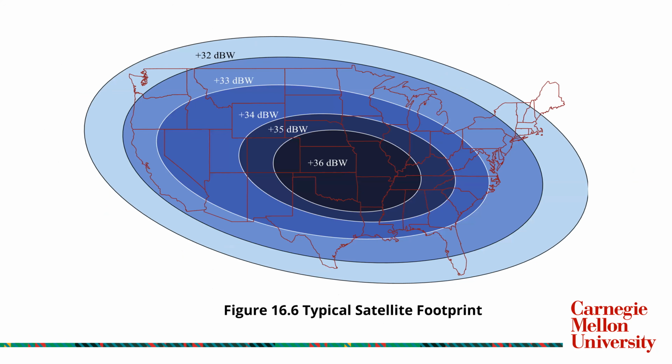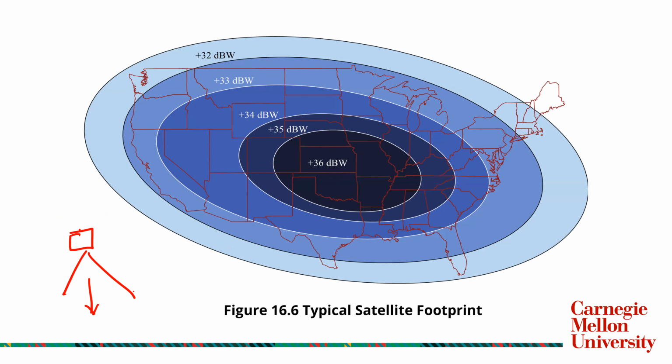Now, this is what a satellite footprint looks like. If a satellite is right above Uganda, I think this is in Central America, you will usually have most of the power right below you because the satellite will usually pump power in that direction, and most of the power will be in the center.